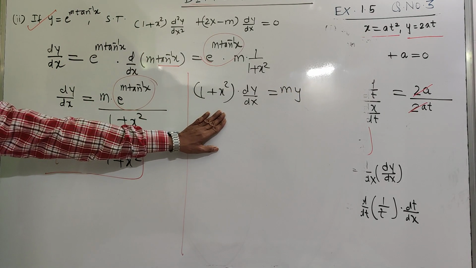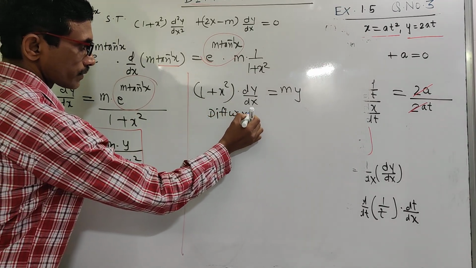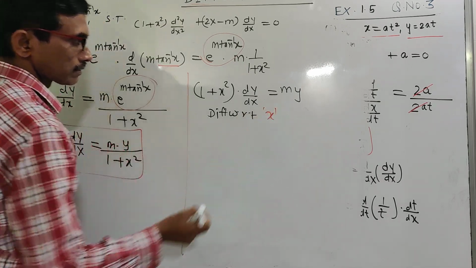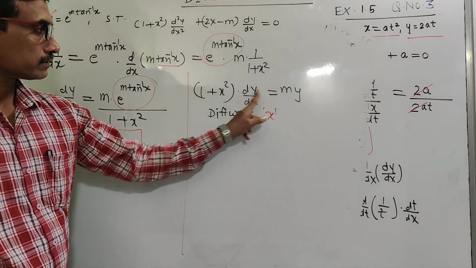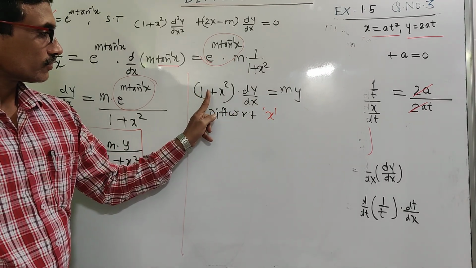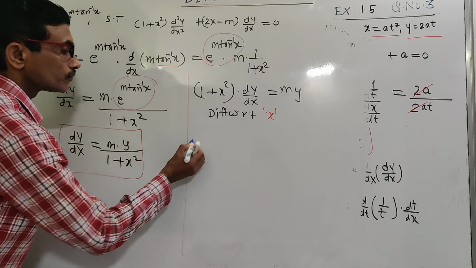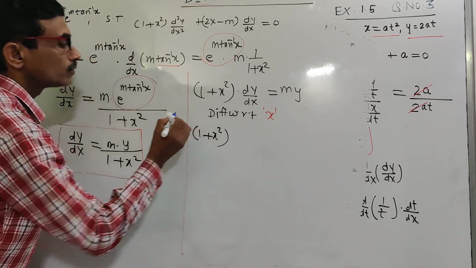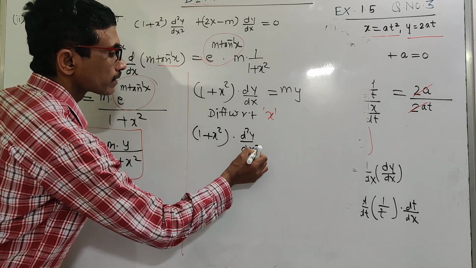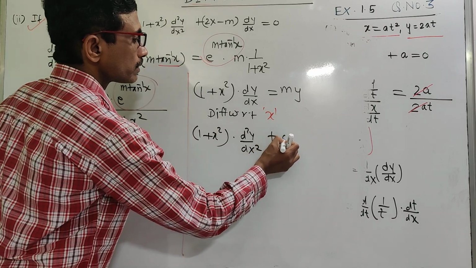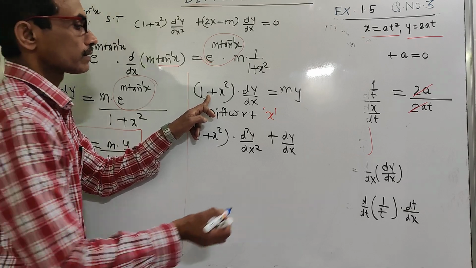Now we differentiate it again with respect to x. So differentiating with respect to x both sides. Left hand side is a product of two functions, so u into derivative of v and v into derivative of u, so that 1 plus x square into derivative of dy by dx, which is d square y by dx square, plus dy by dx as it is, and derivative of 1 plus x square.